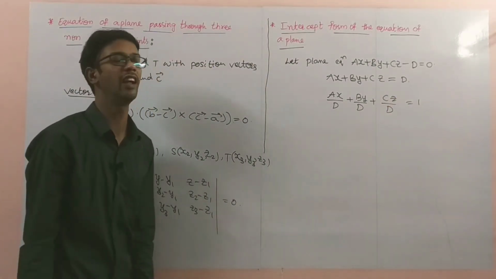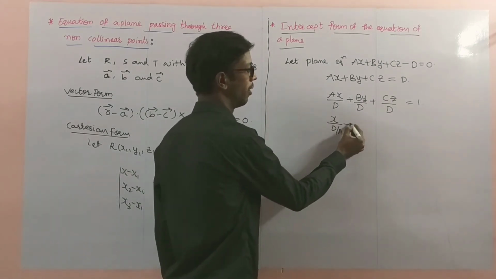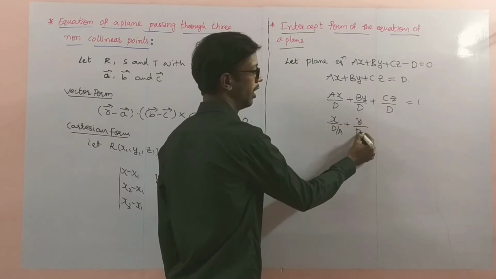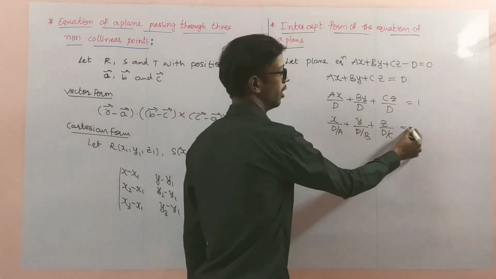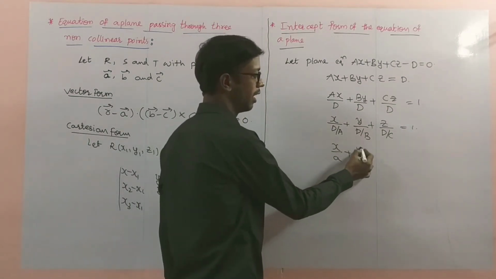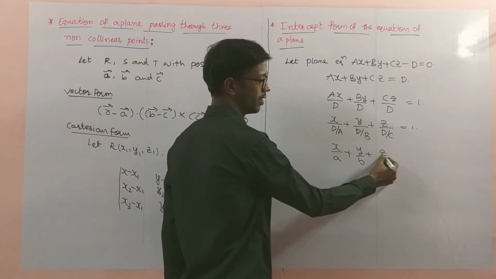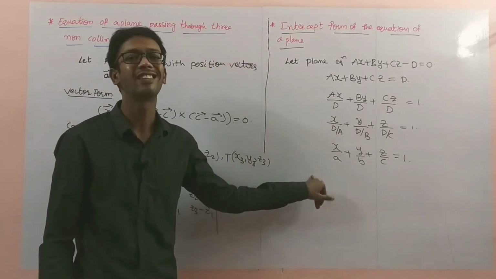We can write x by D by A plus y by D by B plus z by D by C equal to 1. So I am naming this x by A plus y by B plus z by C equal to 1. This is the intercept form.